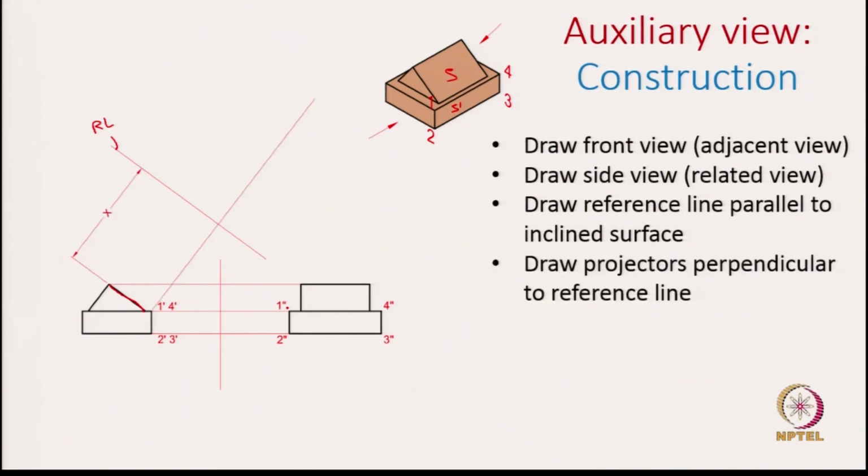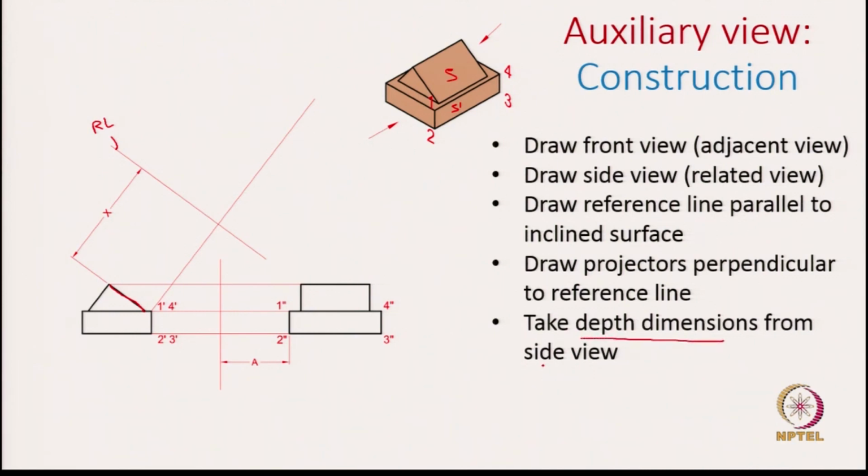So, first let us focus on this projector line and then use this to help us find where are points 1 and 4. Okay. So, as I said, we will use the related view to capture the depth. So, the depth dimensions are coming from the side view.